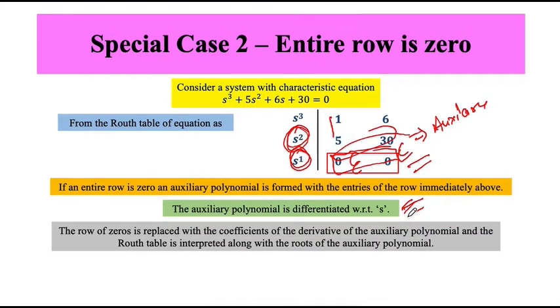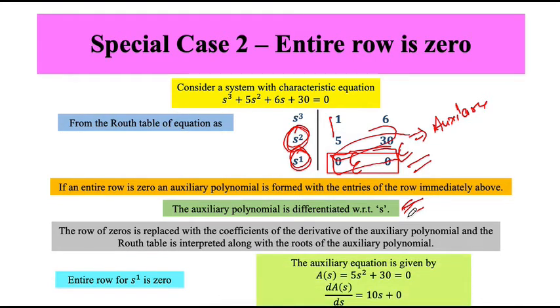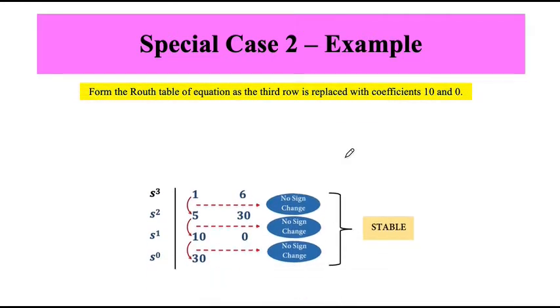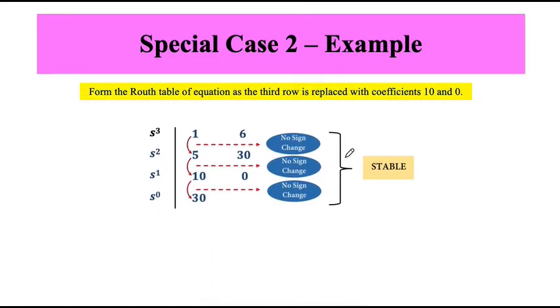So this is my auxiliary equation, 5s square plus 30 equals 0. I am differentiating it, so now it will be 10 over here. So 5s square plus 30, I differentiated, 10s plus 0, so I will plug in here. I take this 0 and I plug it here. So my new table now looks like this.